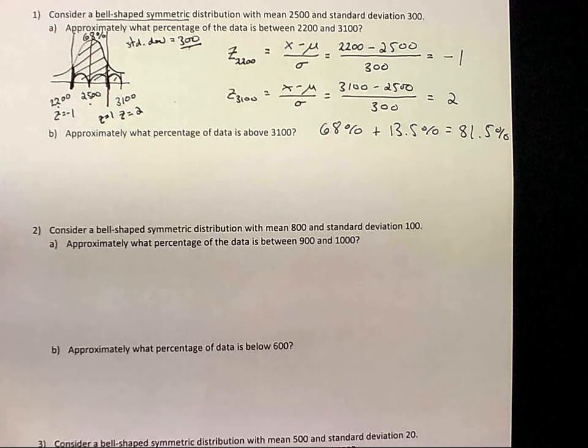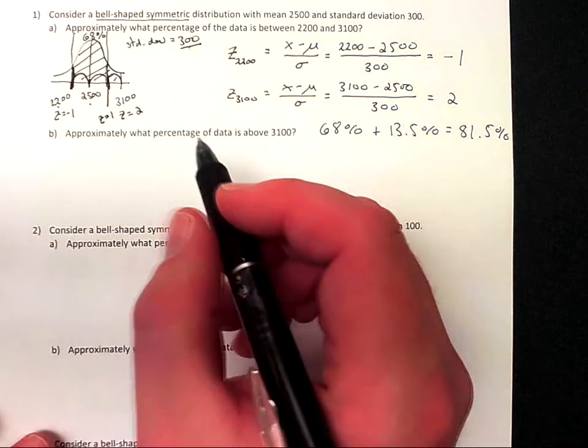Everybody have a number? What do you guys think it is? 2.5%? Awesome, right?